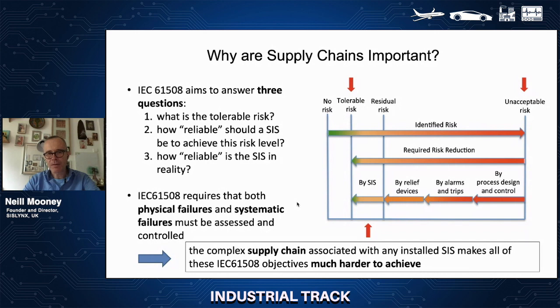How can you ensure that systematic failures are controlled throughout the entire supply chain? And at each position, how is this information shared? All of these kinds of questions make achieving functional safety much harder to achieve. And they're all related to supply chain.